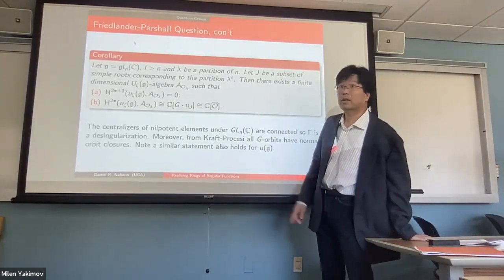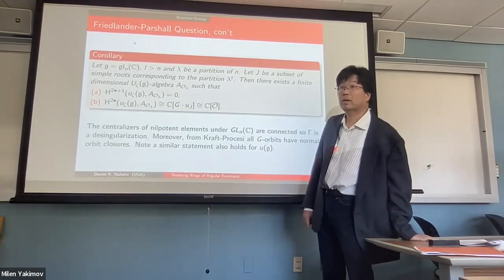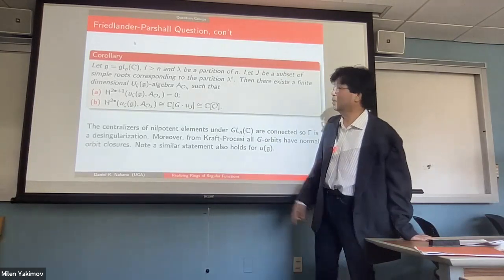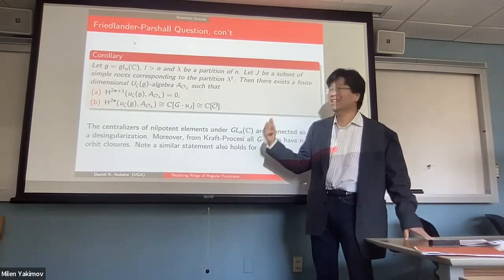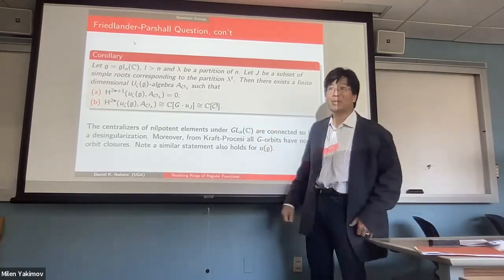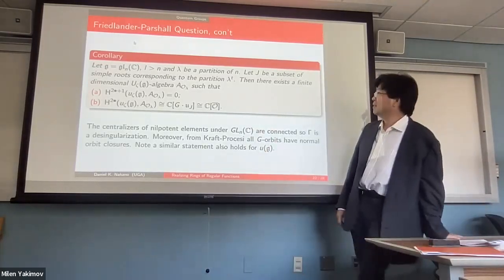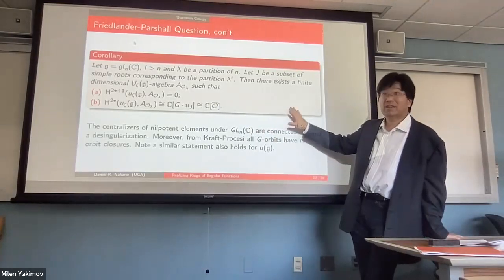Do we know an explicit definition of how we construct the algebra A? Oh, that's going to come up in a second. That's a really good question. I'm going to go over that in a moment. The answer is yes, absolutely.